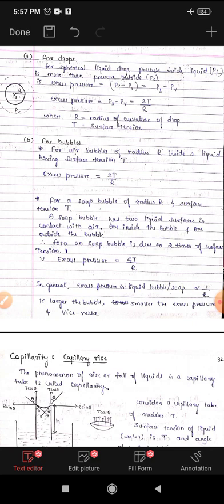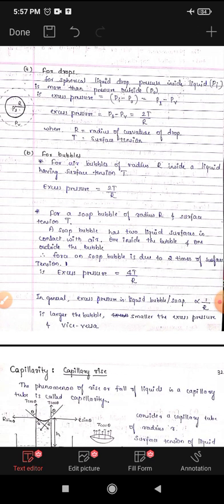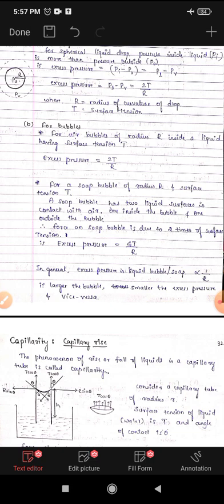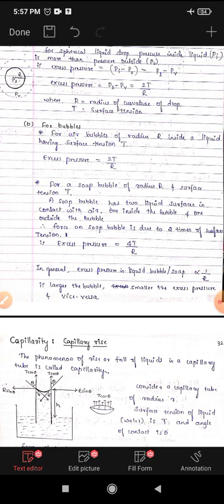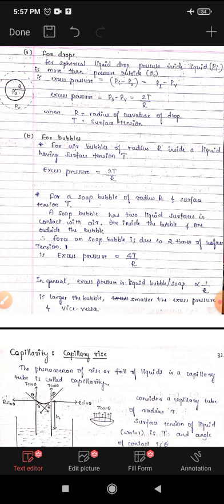One is the inside of the bubble and one is the outside of the bubble. So that's why the excess pressure for a soap bubble will be 2 times that of the normal bubble. So the excess pressure is equal to 2 times 2T by R, that is 4T by R. So in general, the excess pressure of a liquid, bubble or drop is inversely proportional to the radius.